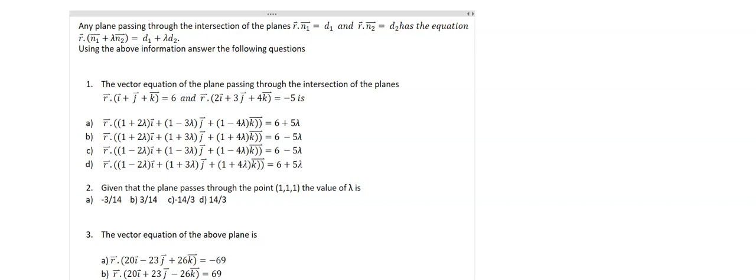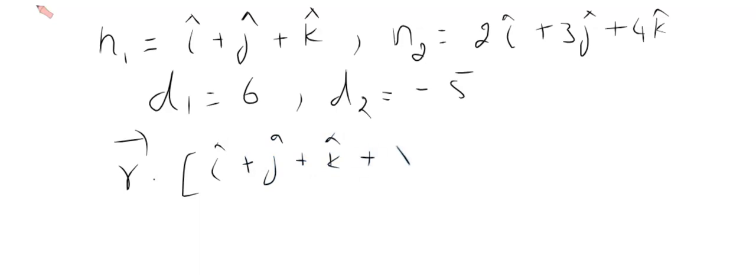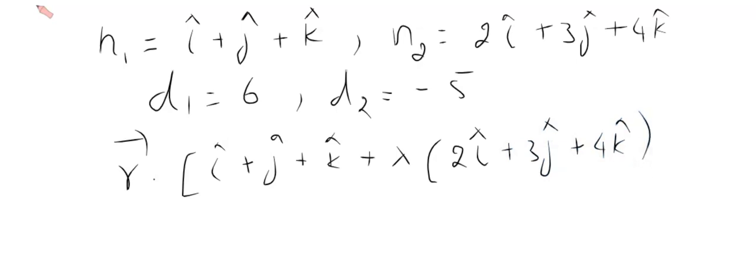Now, substituting for n1, n2, d1 and d2, we get the equation to be r vector dot (i plus j plus k plus lambda times (2i plus 3j plus 4k)) is equal to 6 minus 5 lambda.